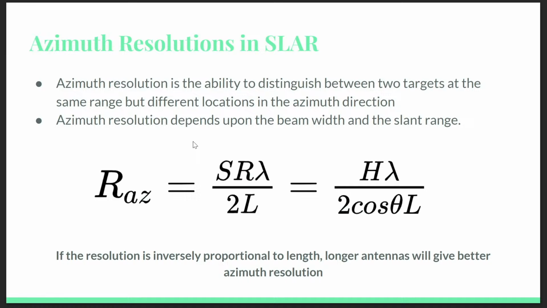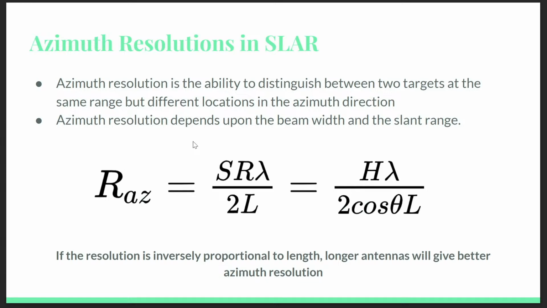So this lambda by 2L, I mean lambda by L, that is coming from the beam width. No need to worry about that. This L is the length of the antenna. Okay. So this is going to be the direction of the azimuth.